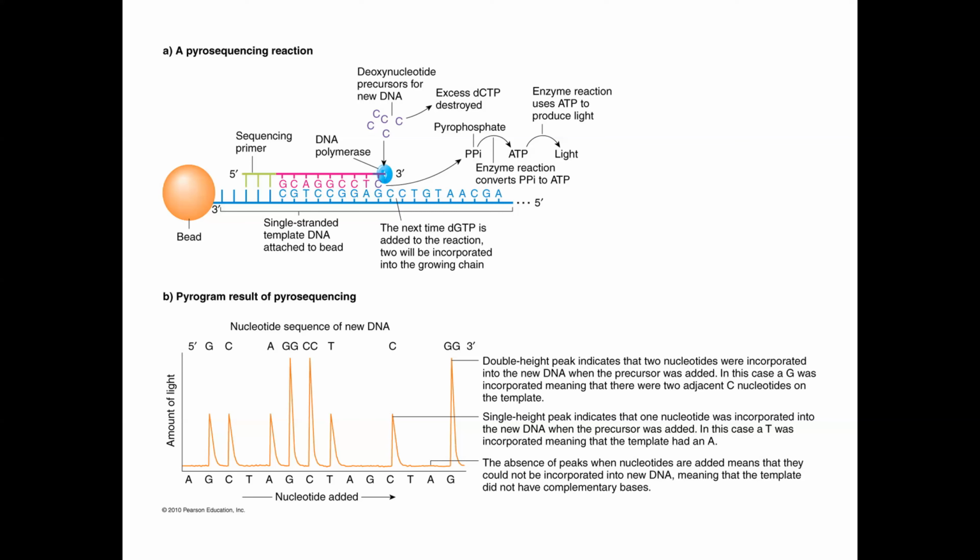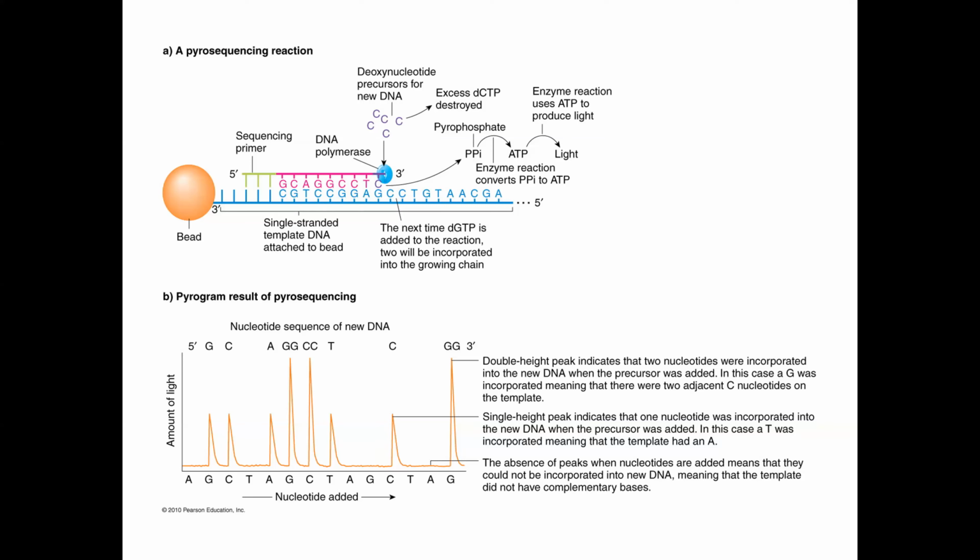So the reaction is performed on each of these molecules separately, but at the same time. Again, a computer takes the pictures and it says, oh, here's light, or I didn't see light. And then it analyzes the data and spits the sequence out at the end. So this is a really cool technique.